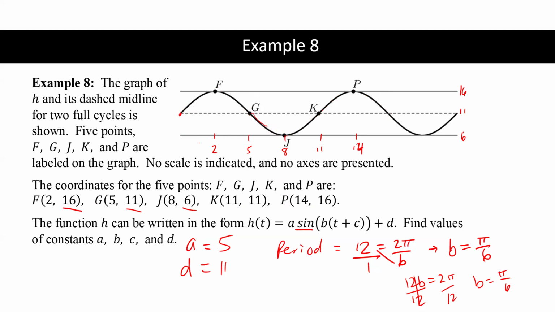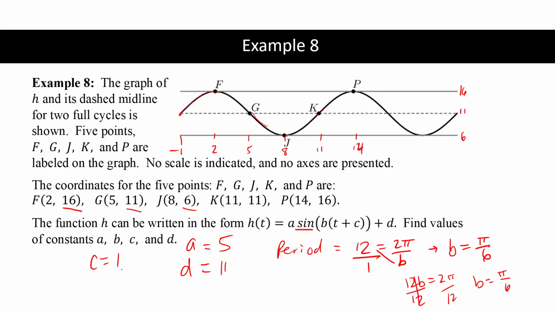What parts could I start off with, with pi over 6, to make a positive sine function? What would this value have to be in order for this to be a positive sine function? It would have to be -1, because how far apart are each one of these intervals? 3, 3, 3, 3. So this would be at -1. Therefore our C value would have to equal +1, because x's are liars.